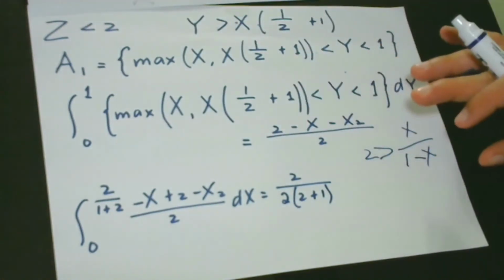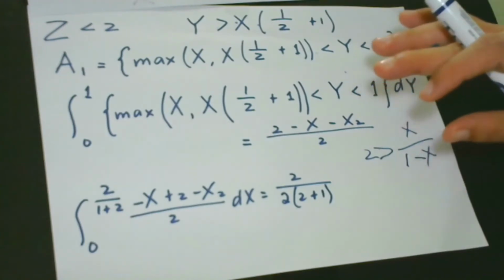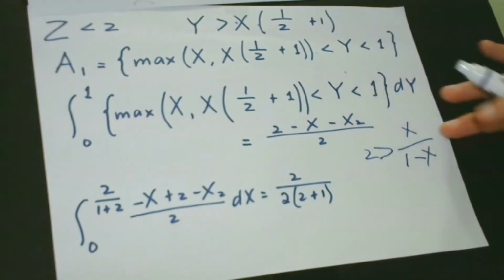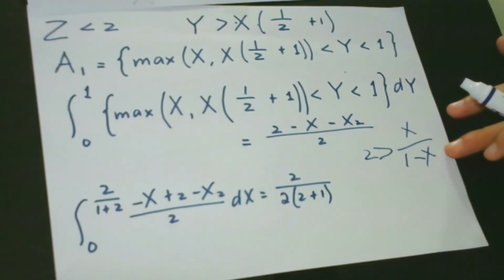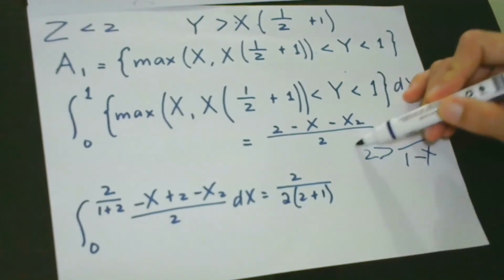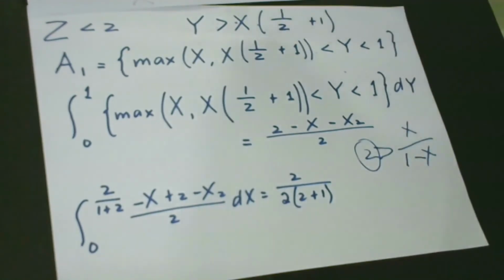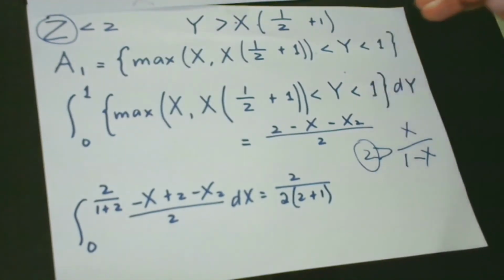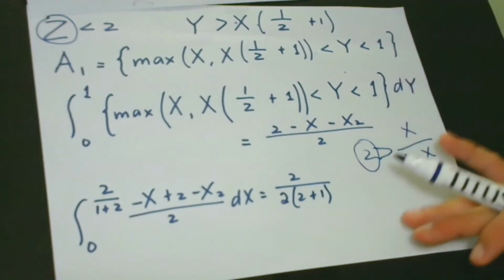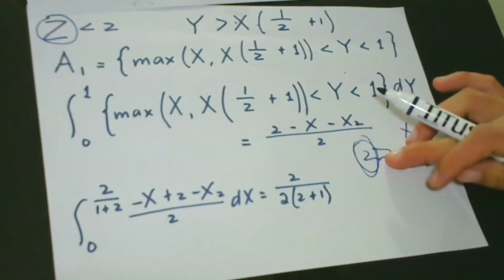In this case, we're going to integrate again the value of x. Remember that in our problem z is less than z, and we're going to look for this value. So we are going to map the distance from 0 to z, because we are really concerned with z.